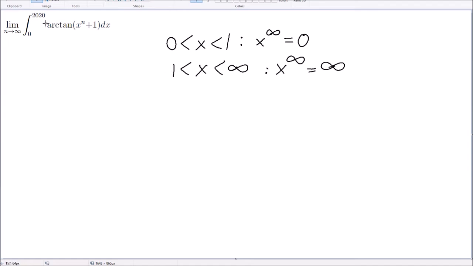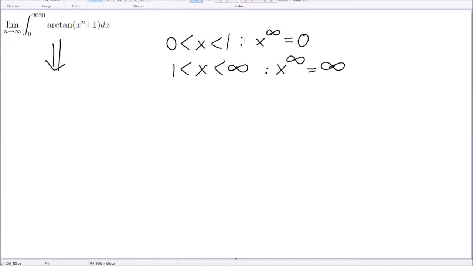So that's how we deal with most limit problems like this. I would consider this a basic limit integral, because there are limit integrals where you have to handle some special cases that require some experience. This is a good basic limit integral to start off with.